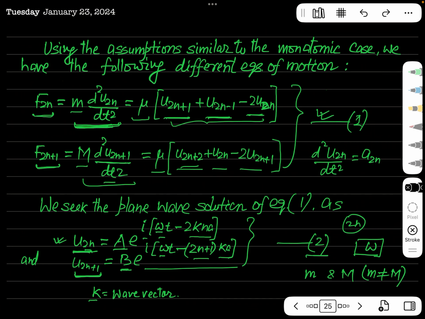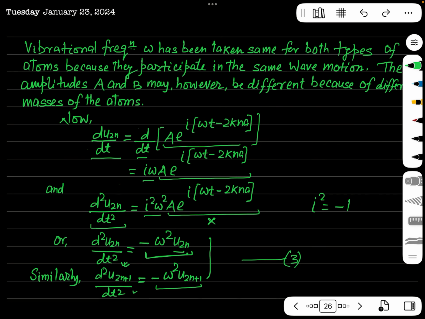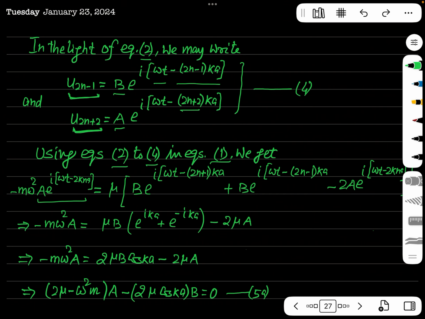Here, not n but 2n. So I have substituted here all these values.